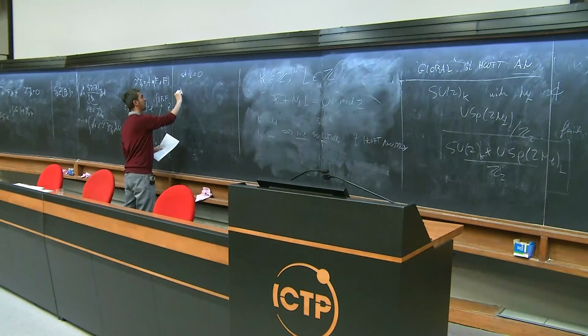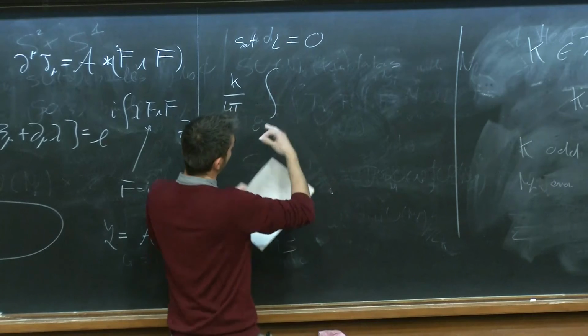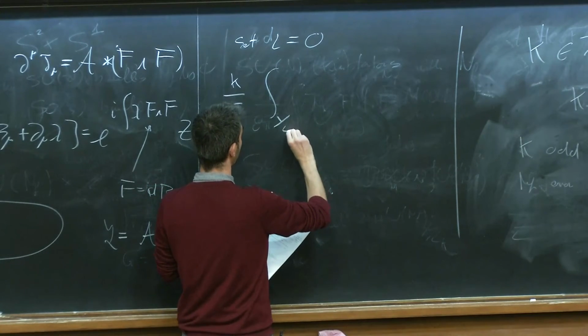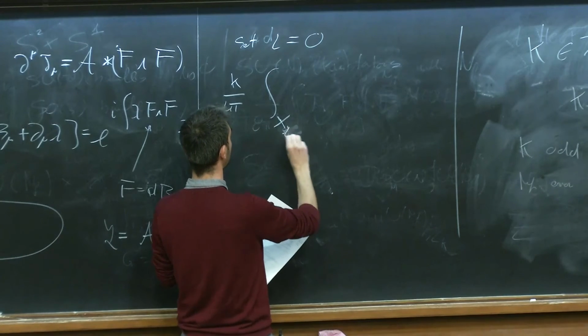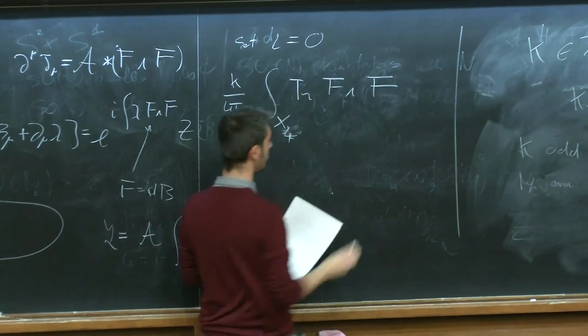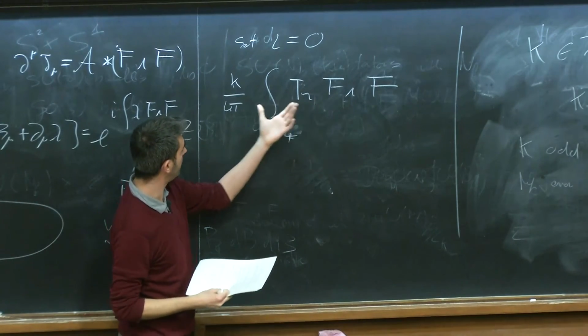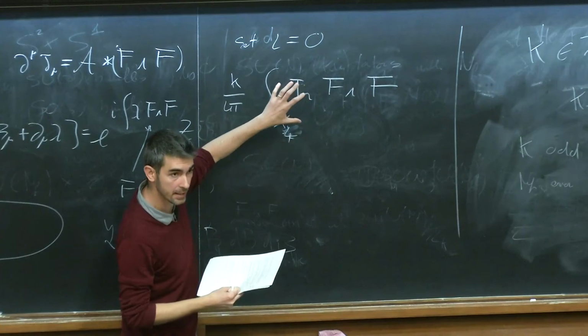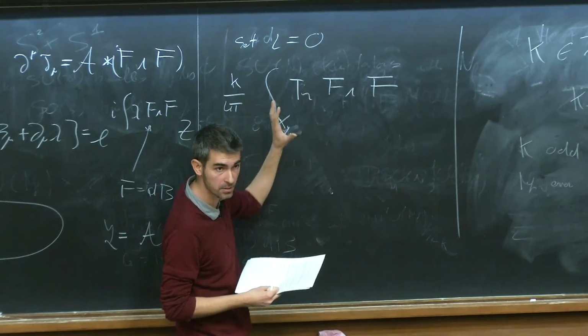So we have our K over 4 pi integral, and now we extend, so we go to some Y4, or maybe I call it X4, the one with boundary, trace of F wedge F. And here the point is that, of course, we extend it, so now this is well defined, because this is gauge invariant by construction.